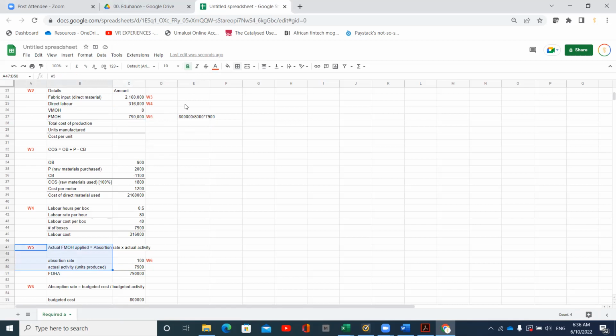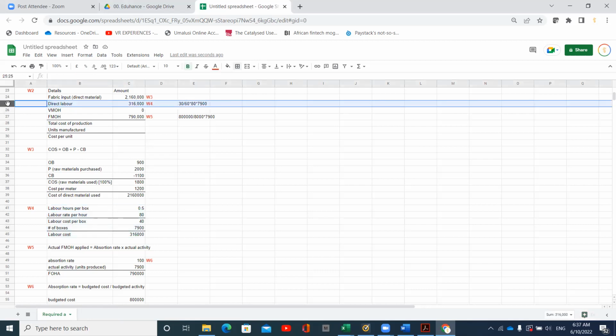And then same with labor costs, it could have just been 30 divided by 60 times 80 times 7,900. Okay, you could have just done that, and then you get the same answer. So you don't have to go through this whole calculation over here, but I just wanted to show you the thought process.